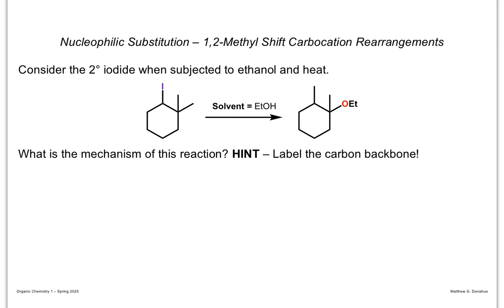Let's look at another example. In this case, the rearrangement is not hydride, but it's methyl. So methyl is exactly that, CH3. That's going to be the group that moves.